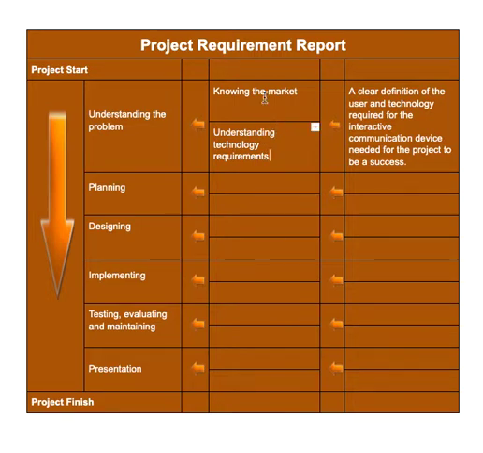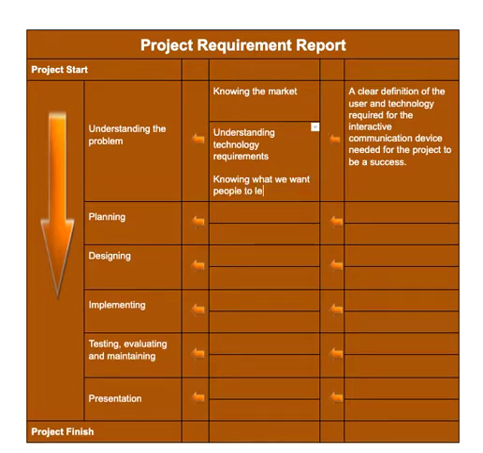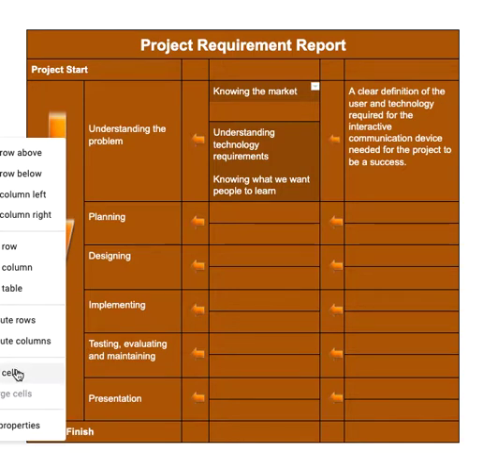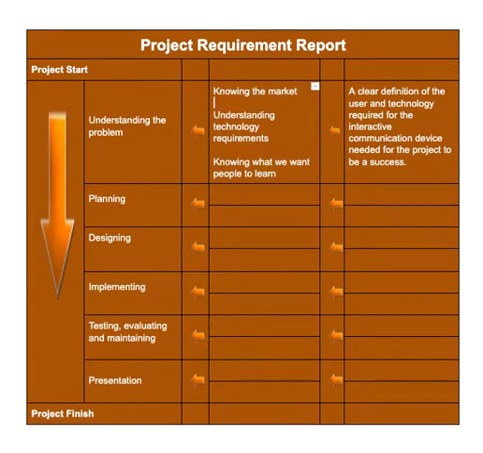Like I said, we've got here knowing the market, understanding the problem, and the other thing I just mentioned when I was doing it was knowing what we want people to learn. Okay, remember this is a learning system here. So the whole idea is that we're going to have a situation where we need to know what they're actually learning.